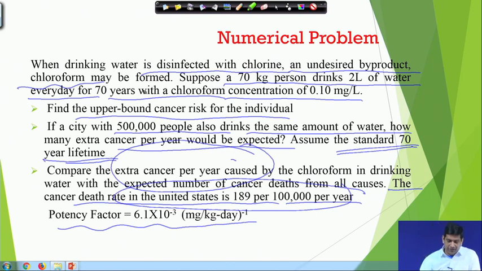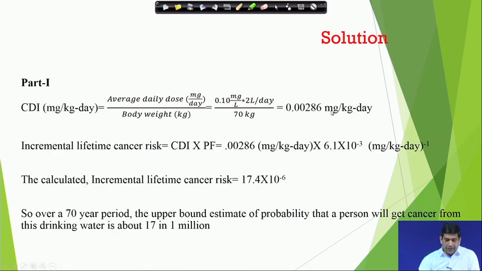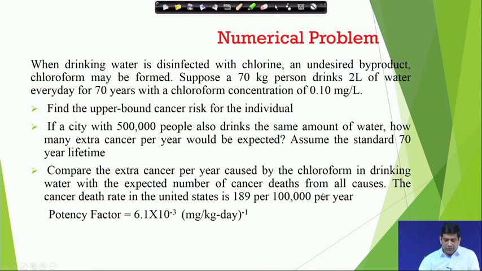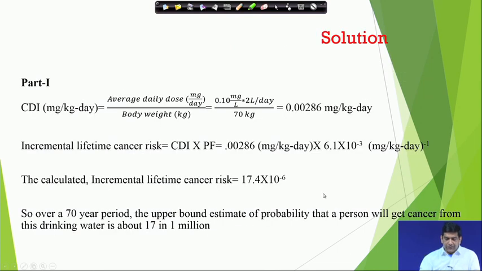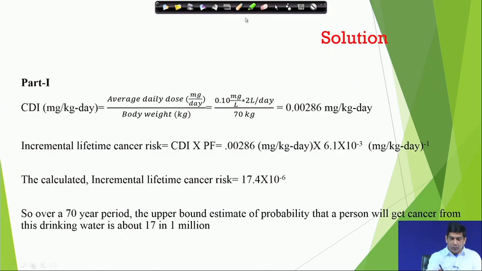With that data, now let's approach the problem. First of all, we will do the CDI calculation that we did earlier, which was the average daily dose divided by the body weight. We are working on part 1.